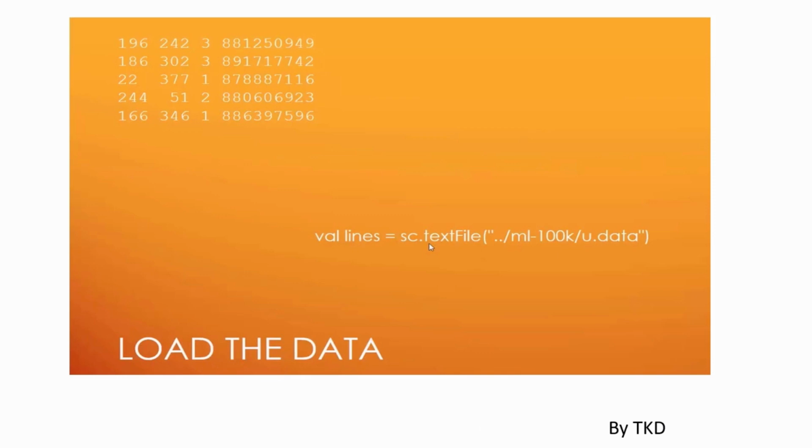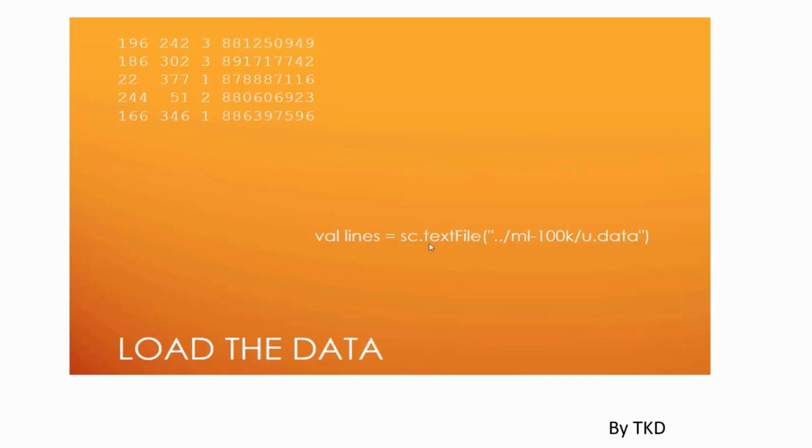The u.data file contains the ratings data, and it's going to import that one line at a time into a new RDD called lines. So lines is a dataset where every row contains one row of input data in u.data.